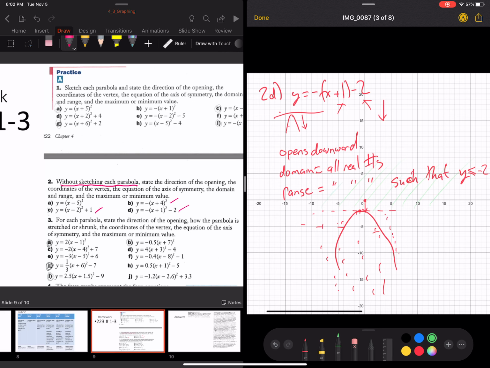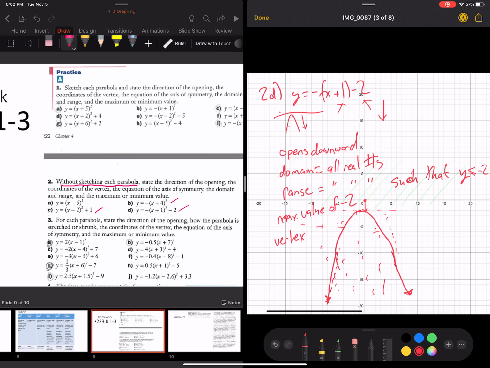Therefore, y has to be less than or equal to minus 2. All right, what else does it ask us to have? We have a max value of minus 2. Do we have a minimum value? No, it keeps going. This parabola keeps going to minus infinity.